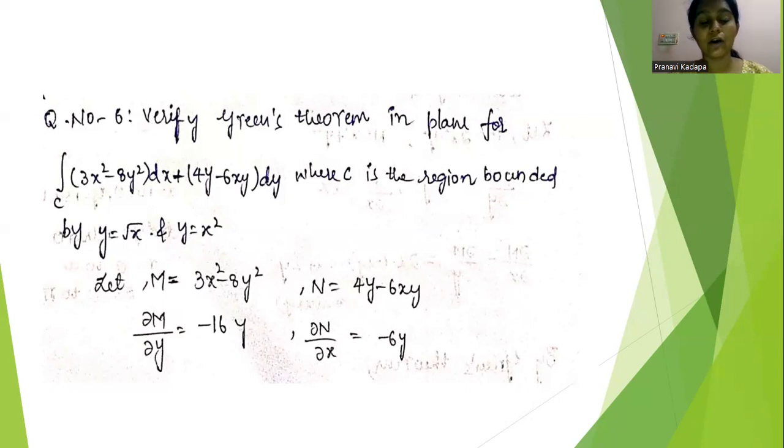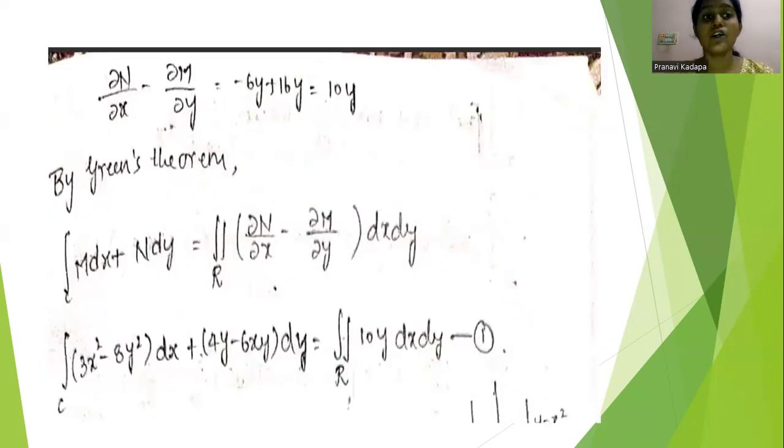So according to the equation, M equals 3x² minus 8y², and N equals 4y minus 6xy. By applying partial differentiation for M with respect to y and for N with respect to x, we get minus 16y for M, and minus 6y for N. So ∂N/∂x minus ∂M/∂y equals minus 6y plus 16y, which gives 10y.